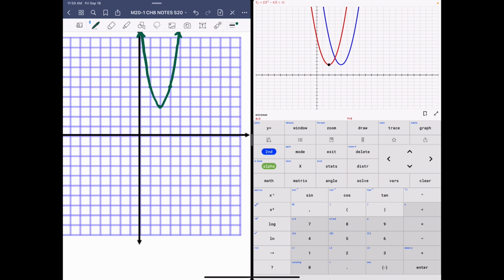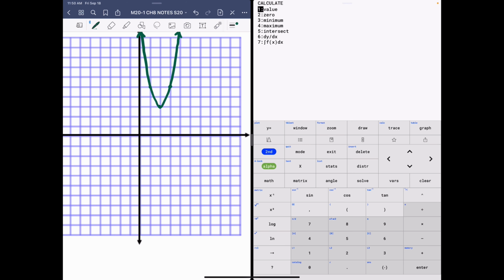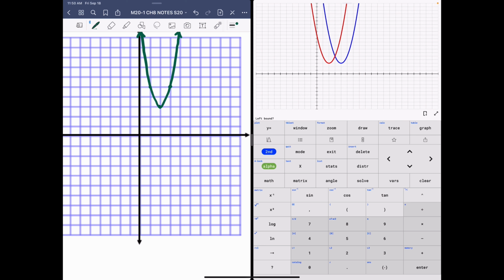Here we go. I want to do the same for the second graph. Second trace, number 3, it's a minimum. Now we want to find it for the blue one. You might have to use your up and down arrows.